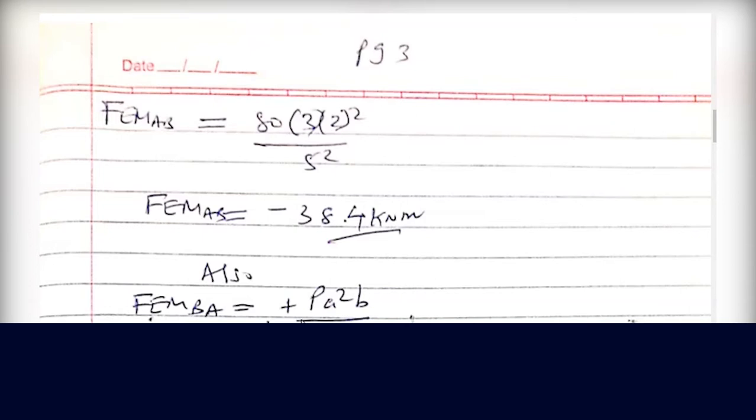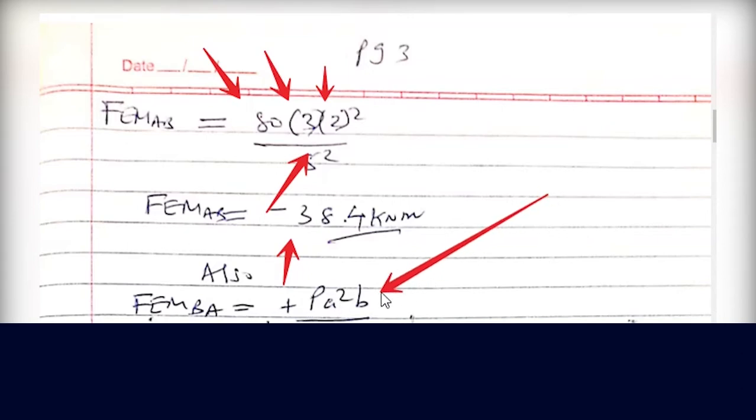Upon entering the values, P is 80 kilonewton, A is 3 meter, times B squared over L squared. So once you calculate, you get negative 38.4 kilonewton meter.